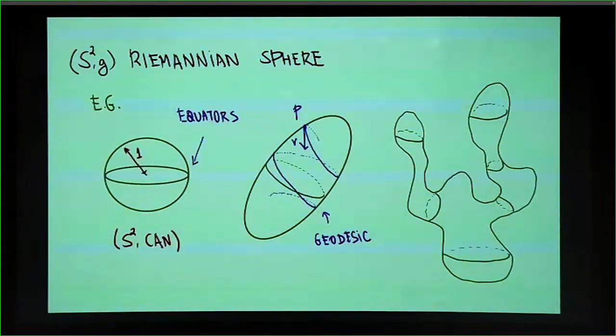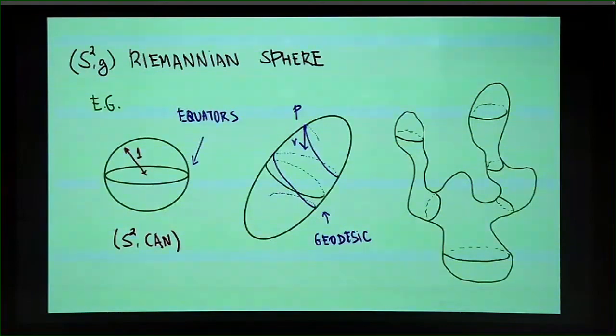And the geodesics of the spheres are, which I will call in this talk, the equators. So the great circles, the circles that you see when you intersect the Euclidean sphere with a plane that goes through the center of the sphere. Okay, so like this green equator here.